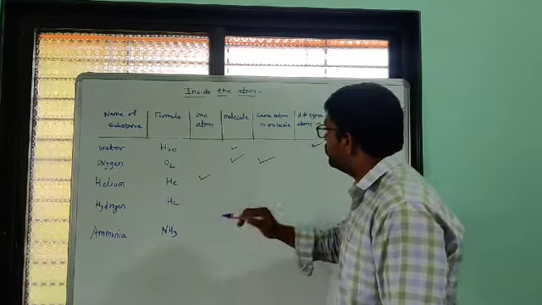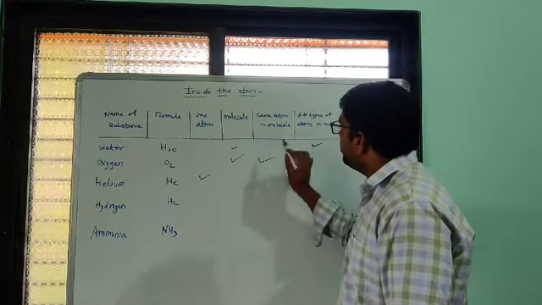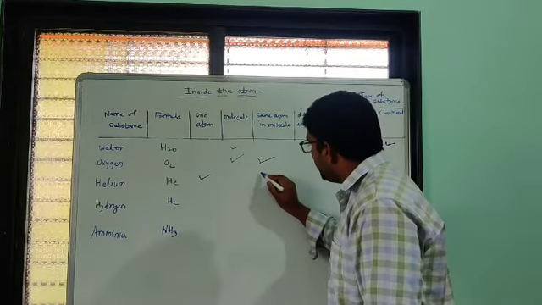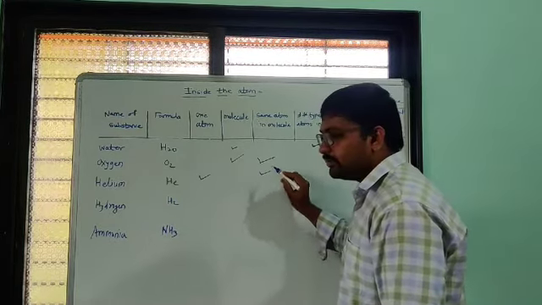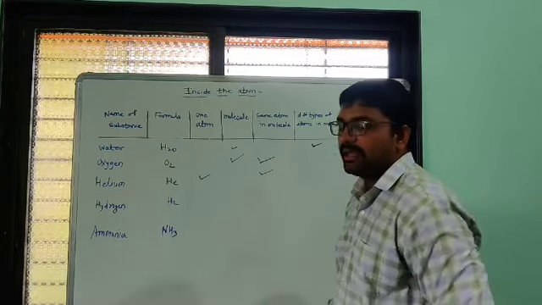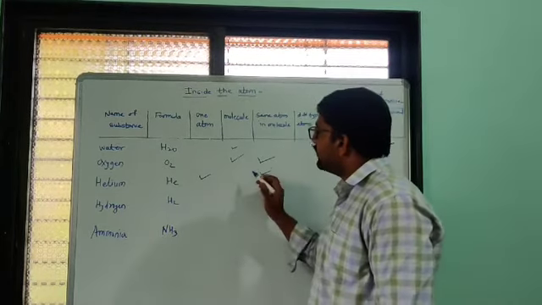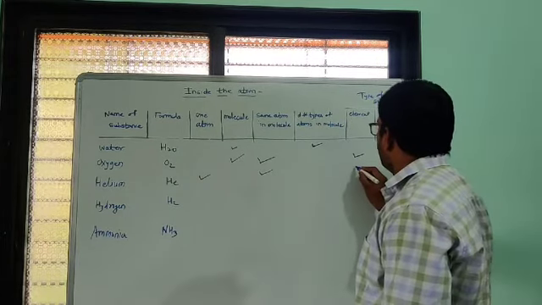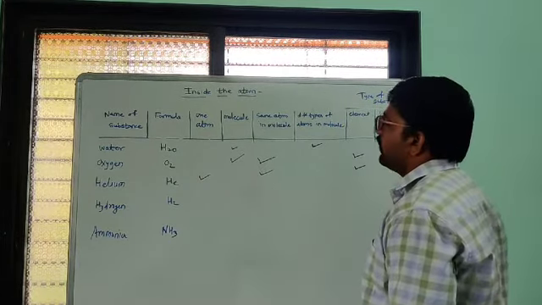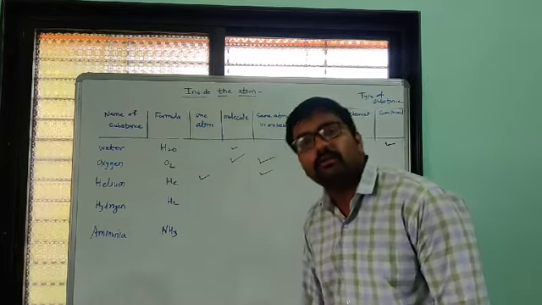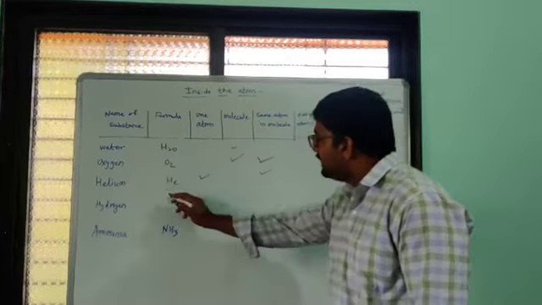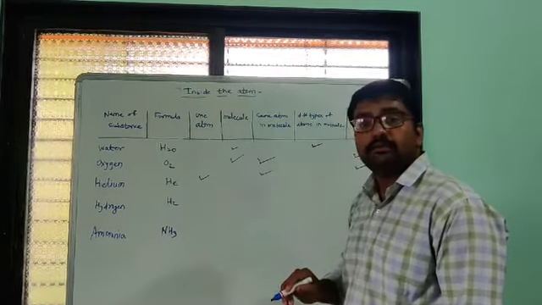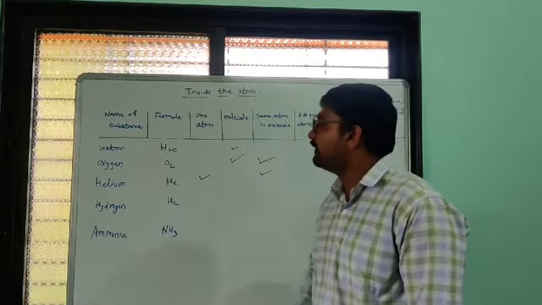Same atom in a molecule: yes, the same atom is present over here, the same type of atom. If the same type of atom is there, then it is also called an element. So helium is an element having only one atom. That is the formula of helium.